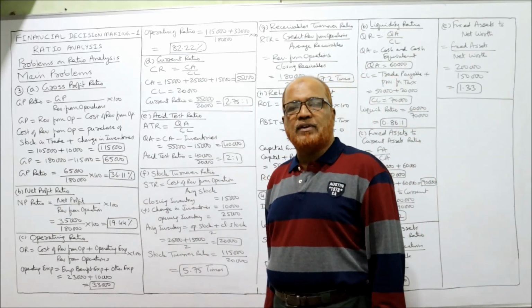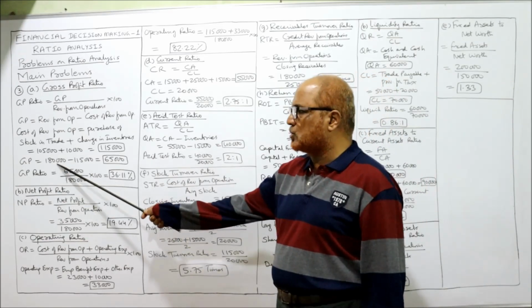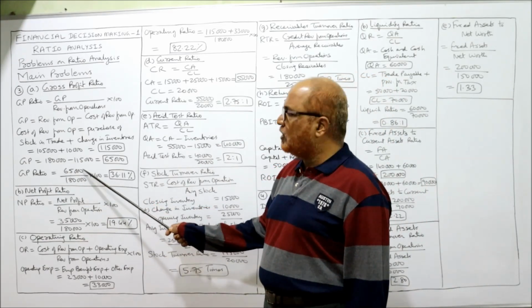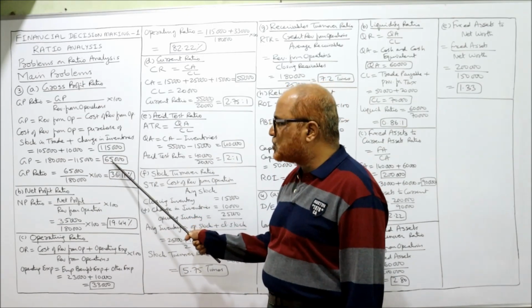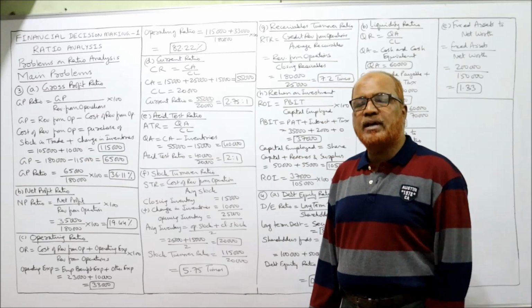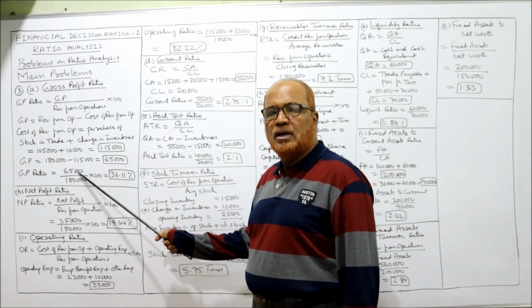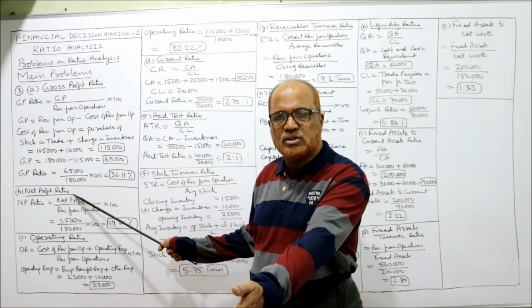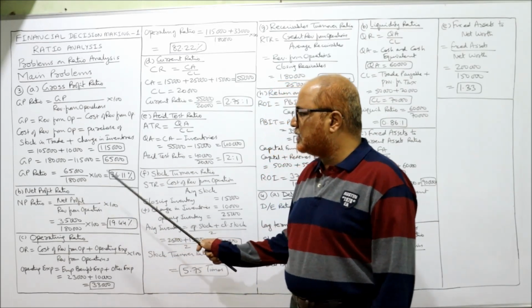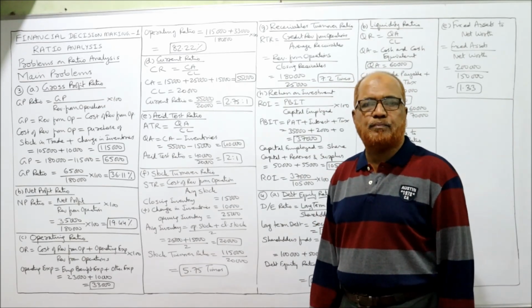Now, gross profit is revenue from operation that is given in the problem 1,80,000 minus cost of revenue from operation 1,15,000. So 65,000 is the gross profit. Now we can substitute. Gross profit ratio is equal to gross profit 65,000 by revenue from operation 1,80,000 given in the problem. So 36.11% is the GP ratio, gross profit ratio.